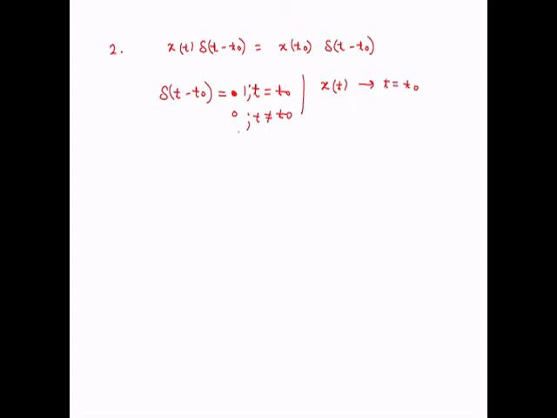It means the impulse exists only at t equal to t naught. So we can write this property directly, that x(t) delta(t minus t naught) is equal to x(t naught) delta(t minus t naught).